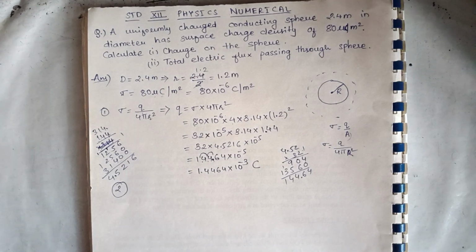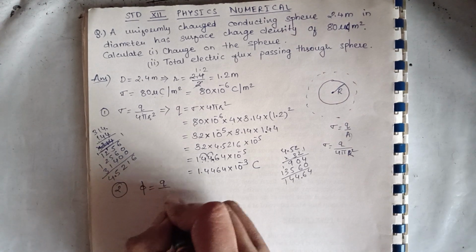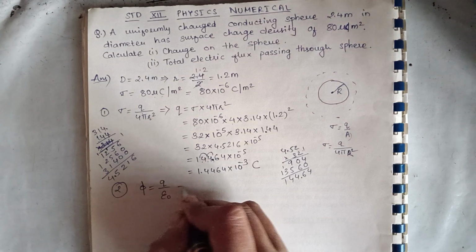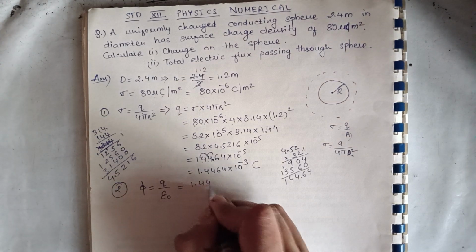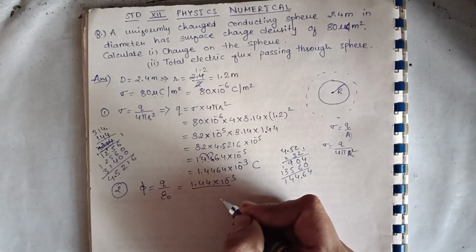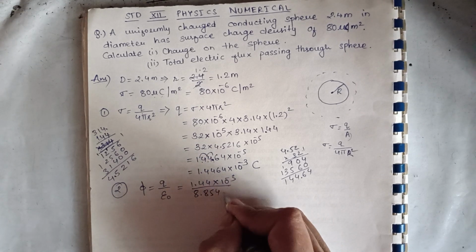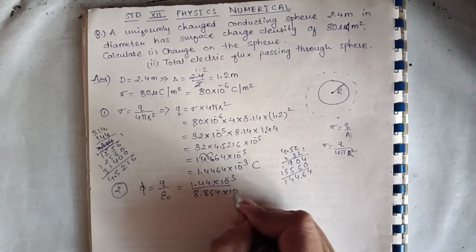Second thing you have to find is the total electric flux passing through the sphere. So flux is given by Q upon epsilon naught. Q is 1.44 into 10 raised to minus 3, upon epsilon naught, which is 8.85 into 10 raised to minus 12.